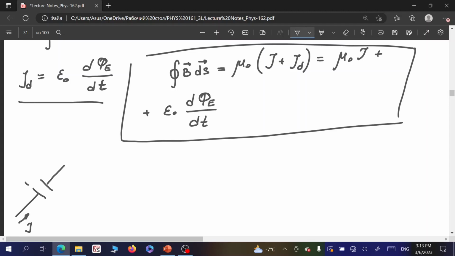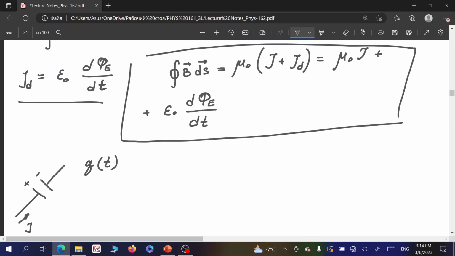So this will cause charging or discharging of the parallel plate capacitor, and that will be defined by the initial state of the capacitor, if it's charged or discharged, and also the direction of the current. That's not important. Important here is that this will change the amount of electric charge which is accumulated at the plates of this capacitor. So we will have charge accumulated by a capacitor as a function of time.